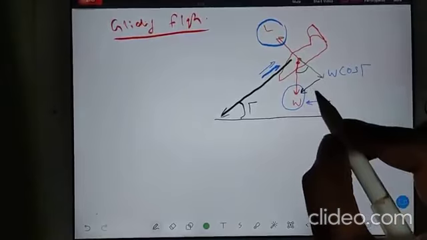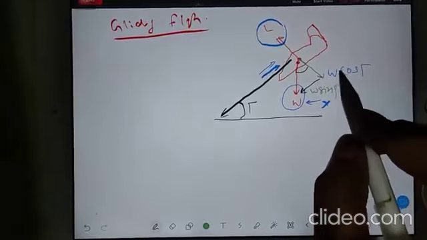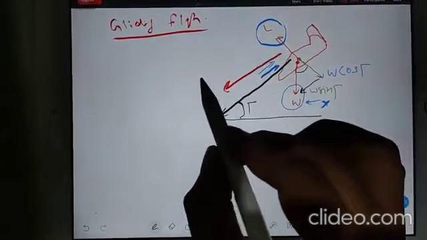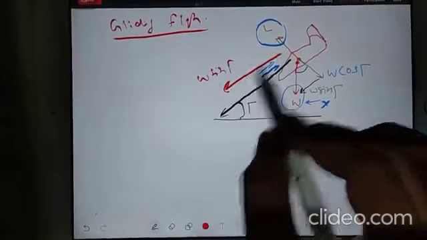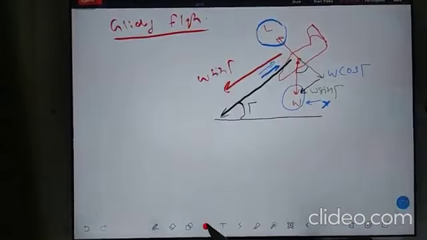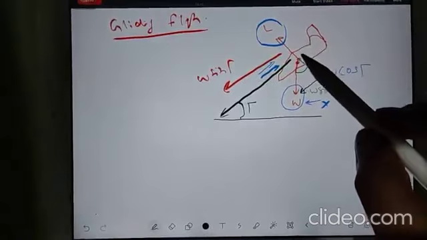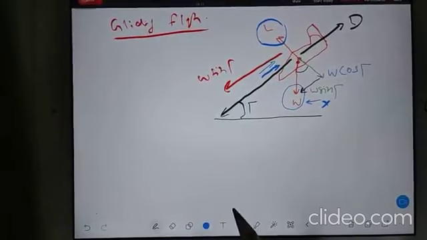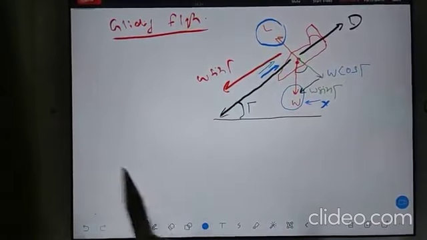So that is W sin gamma. W sin gamma is the responsible factor, acting in this direction to take the aircraft down. Just opposite to this, drag will be acting. We know that drag acts in the direction of the free stream. So what kind of equations are you balancing here?